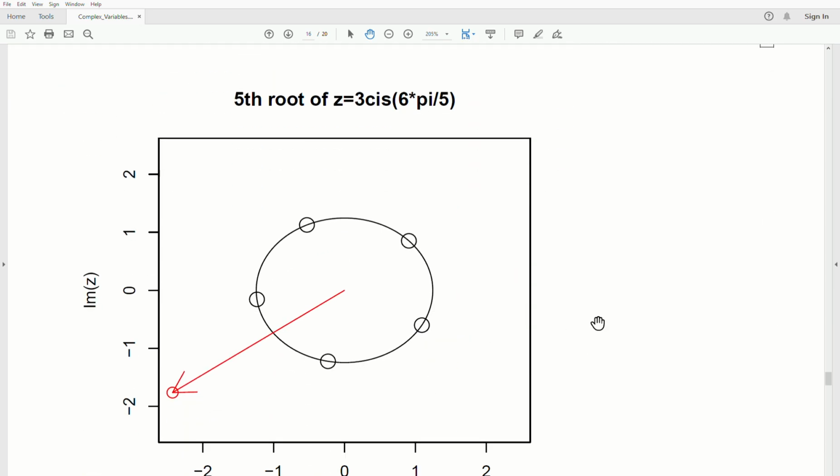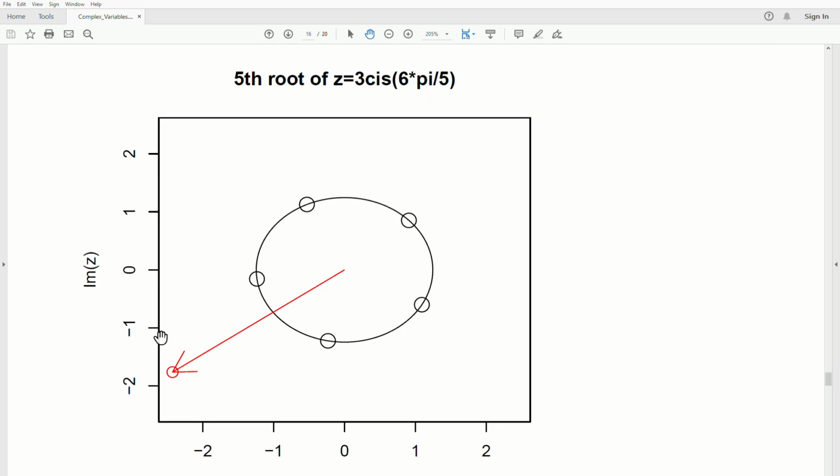Here's a graphical illustration of a complex number in polar form, which is this dot right here in the complex plane. The angle is 6 pi over 5, and the modulus, the radius, is 3.